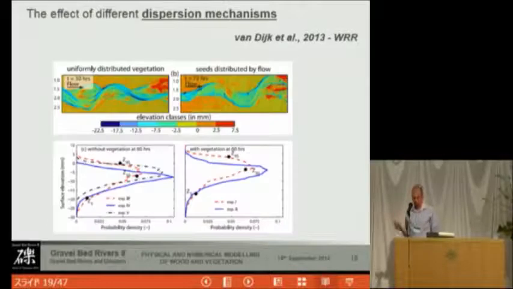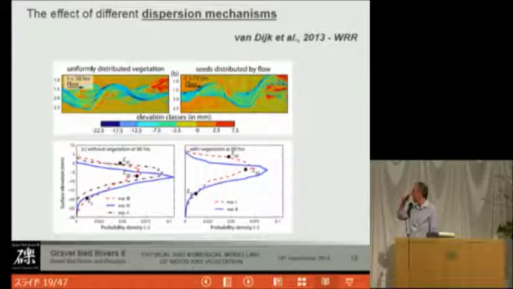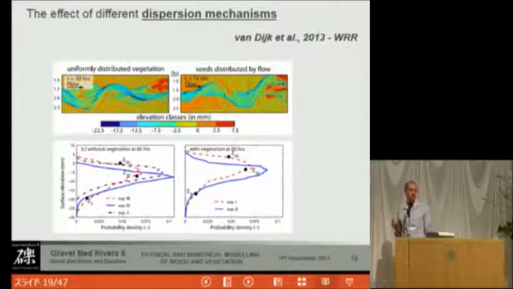This use of bed frequency distribution has become more common in recent years. So also, for example, in this experimental work by Van Dijk and co-authors a few years ago, they studied the dispersion mechanism of vegetation. So this is another parameter that is relevant when you study vegetation.